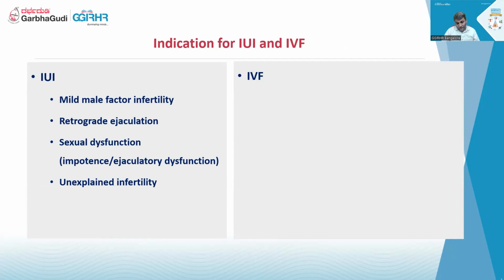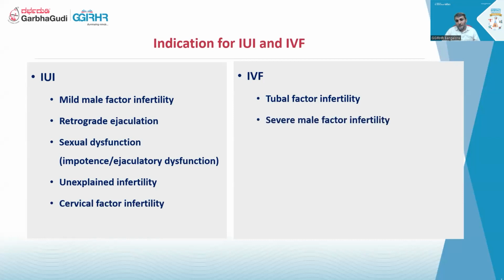When you have to post the patient for IVF: tubal factor, mainly when there are no fallopian tubes. Severe male factors, like less than 5 million sperm count, or absolute asthenospermia, where there is a severe sperm motility problem.